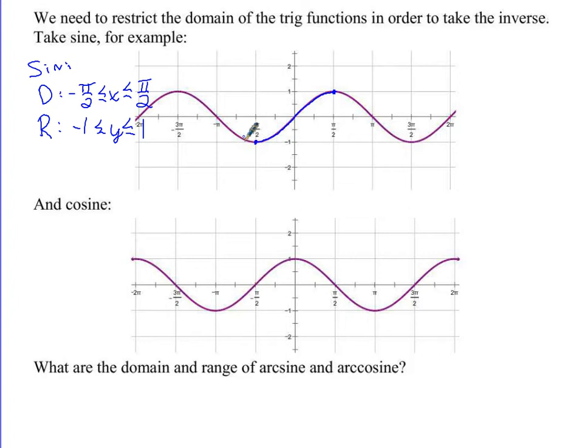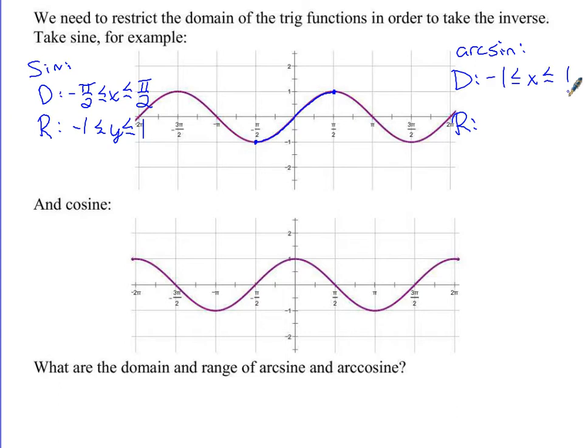Okay, how do I find an inverse? Switch the y and the x. If I switch the y and the x, then that means I'm also switching the domain and range. So for arc sine, what will my domain be? -1 is less than or equal to x is less than or equal to +1.